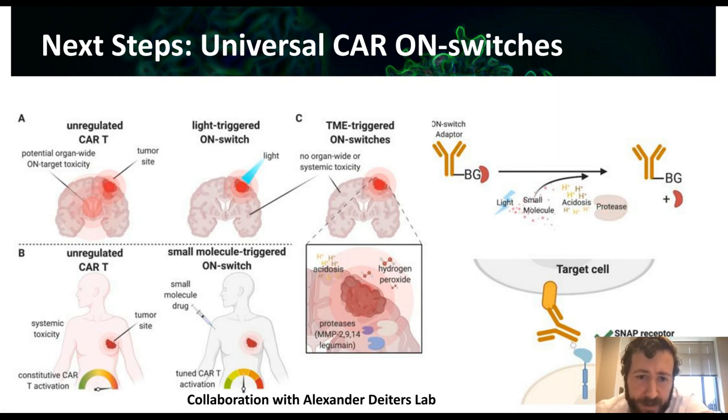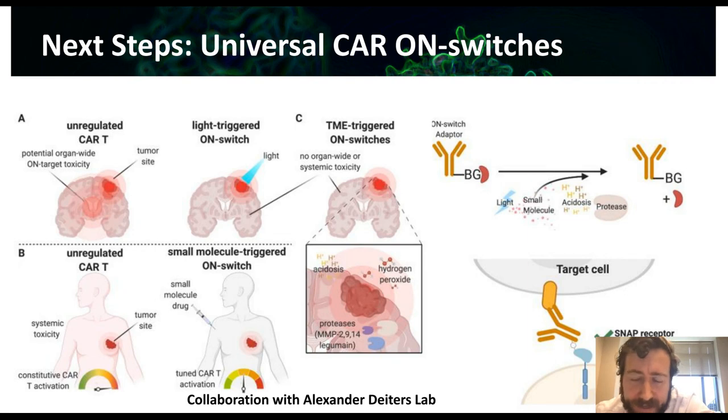And similarly, with a small molecule triggered system, we could apply the adapter antibody systemically, wait for it to collect at the tumor site, and then apply the small molecule drug systemically to the patient to get tuned activity and local activity.